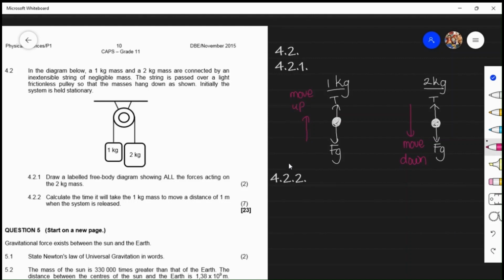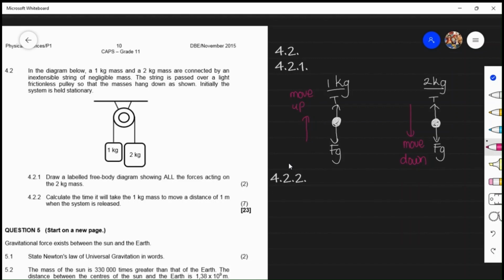Keep in mind, the system was initially at rest, meaning it was initially stationary, and then the system was released. So all of a sudden, the 2 kg mass started to fall, and the 1 kg mass started to move upwards. The 1 kg mass was displaced 1 meter, meaning that it moved up 1 meter, which means that the 2 kg mass moved down 1 meter.